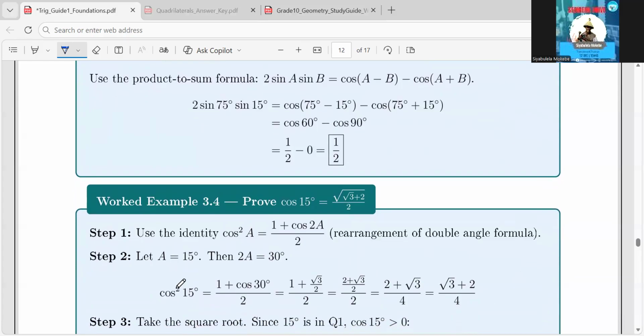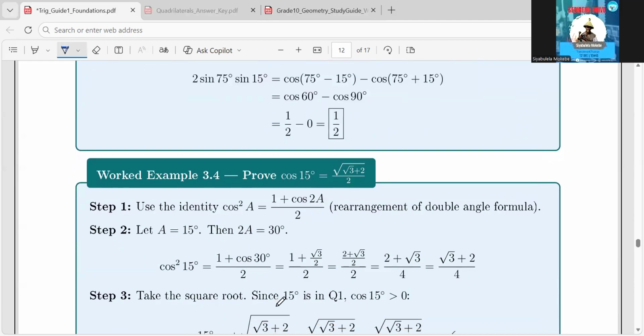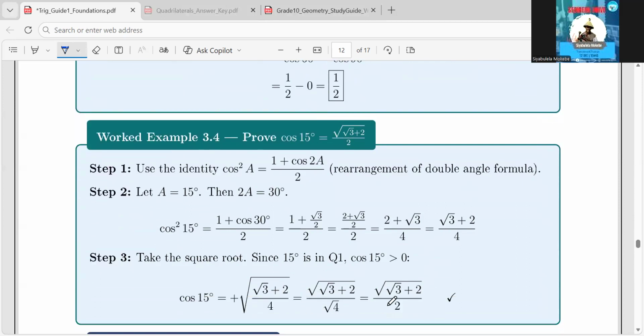Now we have to take the square root so that we can remove the square. Since 15 is in quadrant 1, cos 15 is positive, so when we take the square root, we take the positive. And it gives us what we expected.